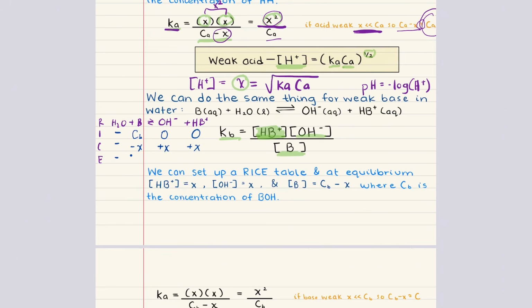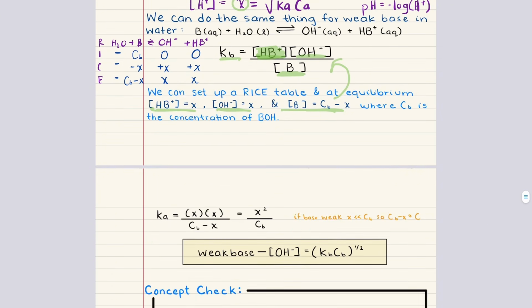At equilibrium, the hydroxide concentration is X, the conjugate acid concentration is X, and the remaining concentration of base B is C_B minus X. We're going to take those values and substitute them into the Kb expression. That gives us Kb equals X squared over C_B minus X.